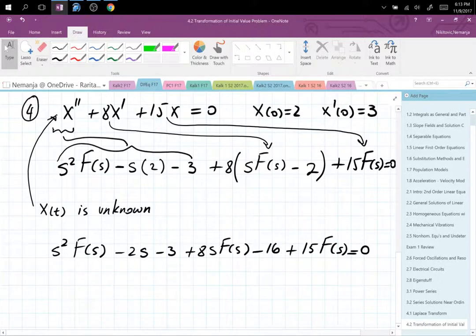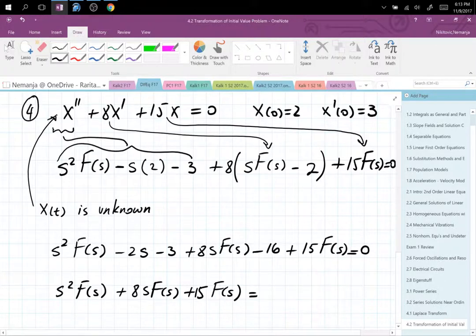So now, this is like implicit differentiation. Keep all the dy/dx terms on the left. Now you keep all F of s terms on the left, everything else on the right, and then divide through. So what do I have? I have s squared F of s plus 8sF of s plus 15 F of s is equal to, and everything else goes on the other side.